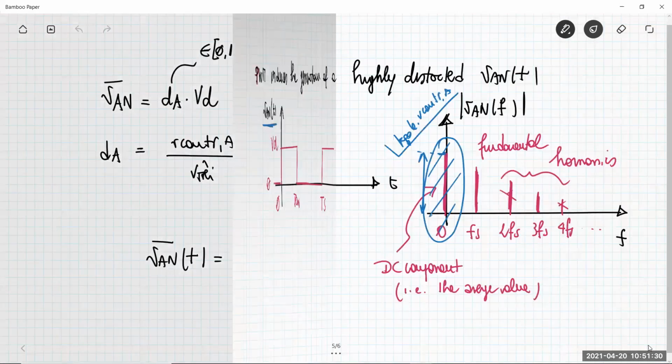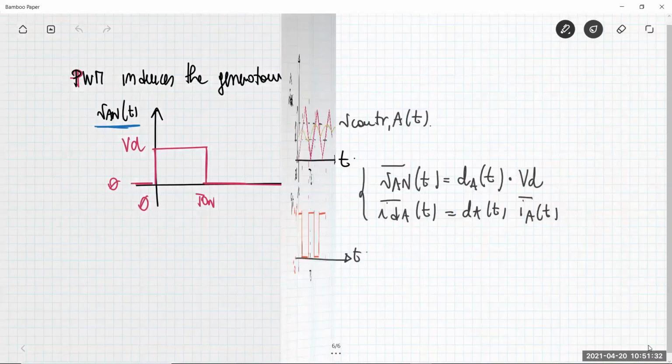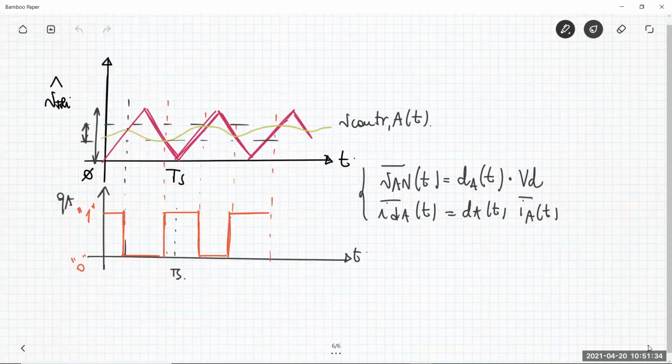Now the dynamics, so that if you want the peak-to-peak value of this quantity here, this is a generic, not constant quantity. It's not a periodical quantity. Something that you can have variable. So you have a dynamic that includes all the possible values that you can have here within the triangular waveform.